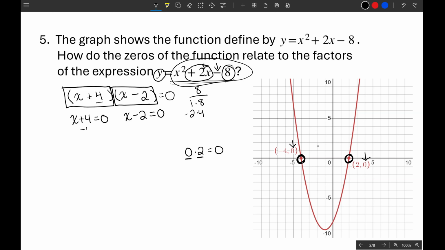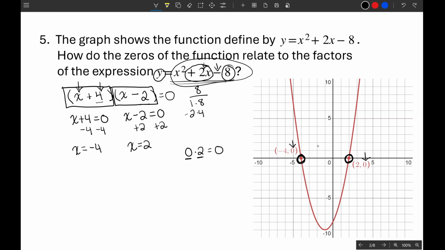Well, if I solve for x by subtracting 4, I know that when x is equal to negative 4, this will equal 0. That would have been easy to figure out because negative 4 plus positive 4 would be 0. Over here, you could probably just tell that x is going to be 2, but if I solve this algebraically and add the 2, then x equals 2.